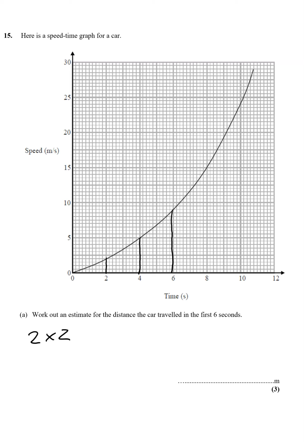2 times 2 divided by 2, plus, now the area of a trapezium is half A plus B times the height. So A is going to be 2, B is going to be 5, so they're the 2 parallel sides added together.